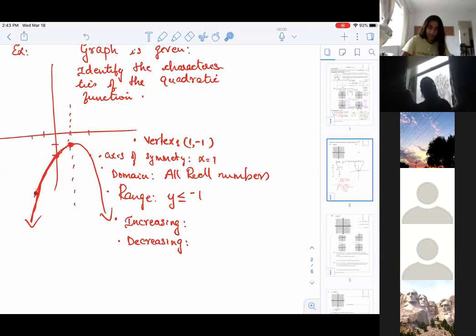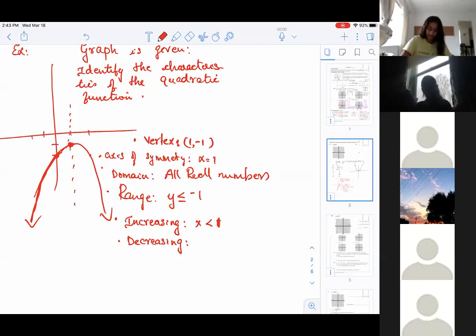It's increasing from here all the way up to there. So you're going to say that it's increasing when x is less than 1, sorry, not -1, +1. To the left of 1 it is increasing, and decreasing when x is greater than 1.